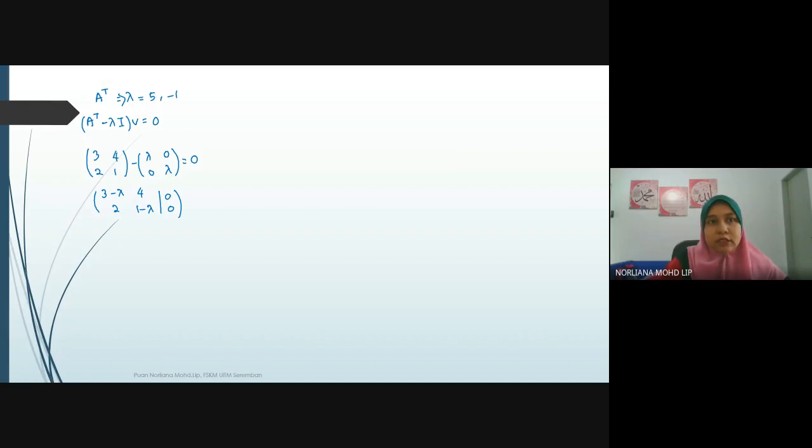Okay, for lambda equal to 5, substitute. 3 minus 5 is negative 2, 4, 2, 1 minus 5 is negative 4, to 0. And then reduce this one into REF form.